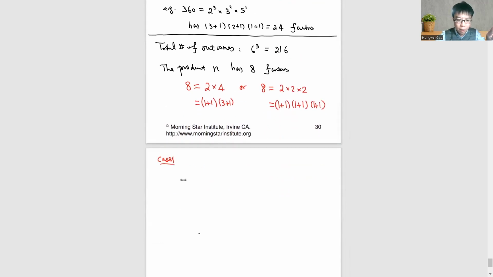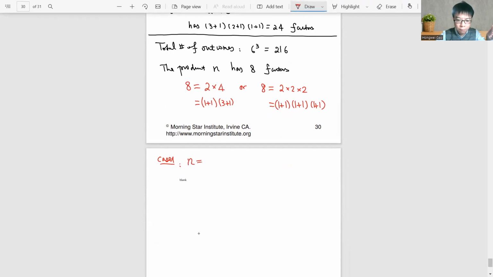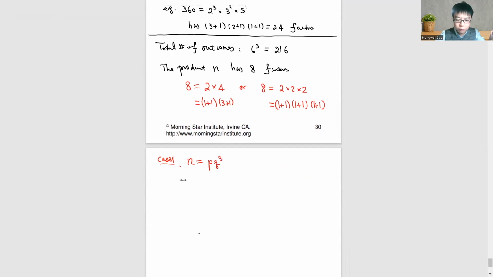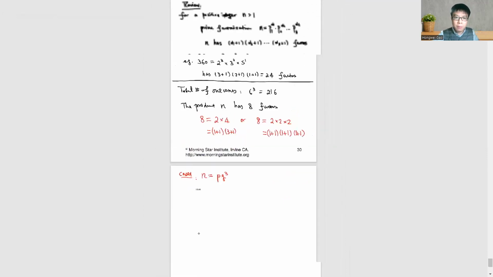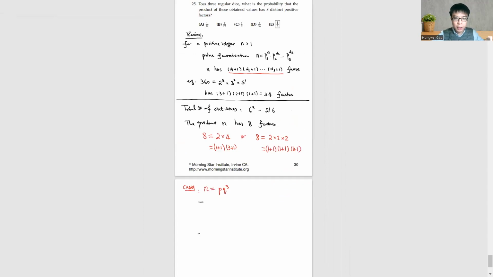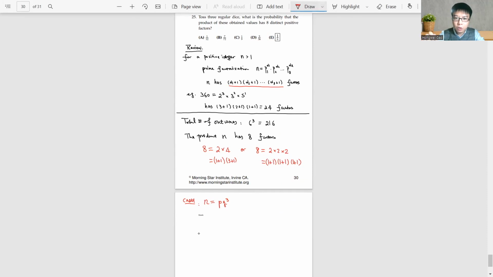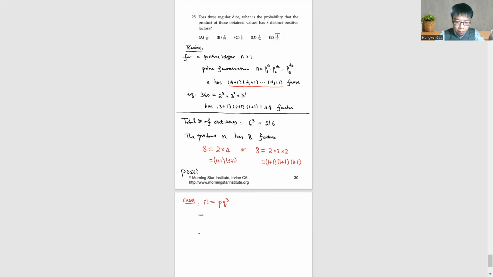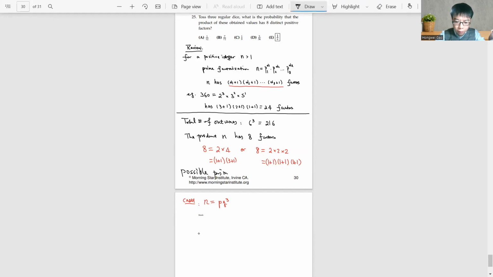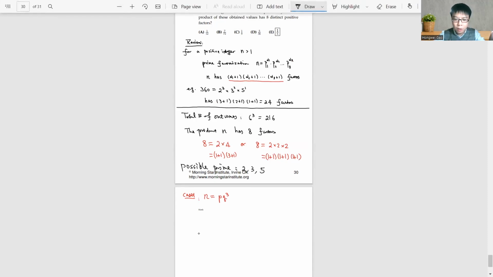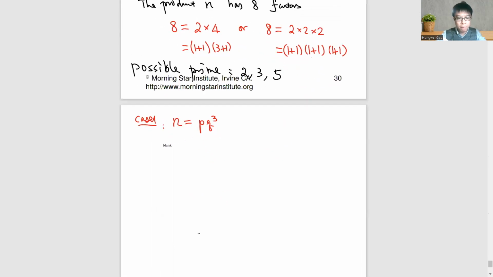Case 1: this product has the form P times Q cubed. Now we know that these 3 numbers are from 1 to 6, right? The prime numbers are only 2, 3, and 5. So we would discuss different scenarios to get P times Q cubed, where P and Q are 2 primes.